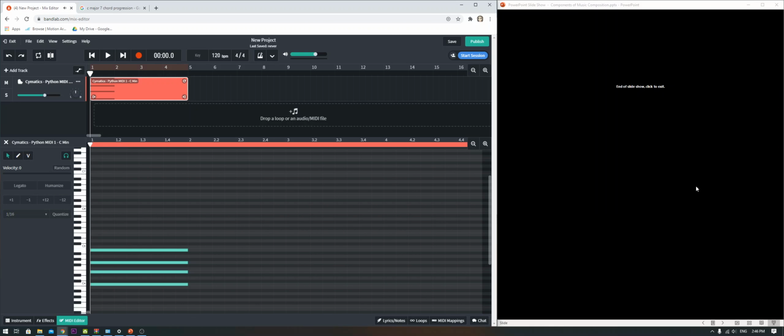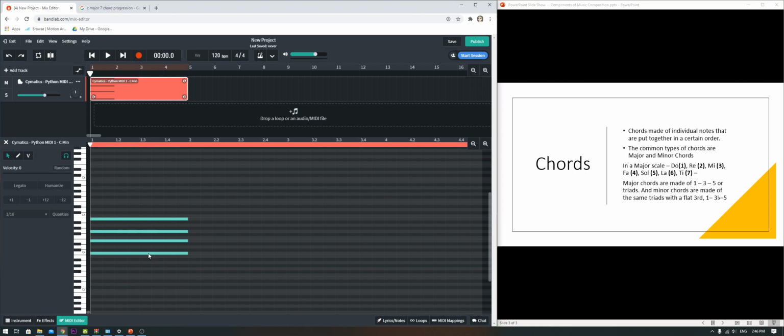It's called the root, the tonic chord, C. Then the next note should be D, right over there. So I just copy and paste that and move it up to D.